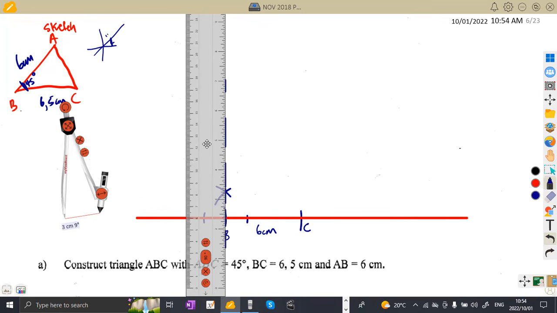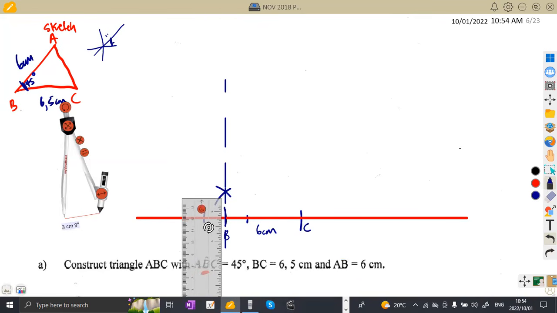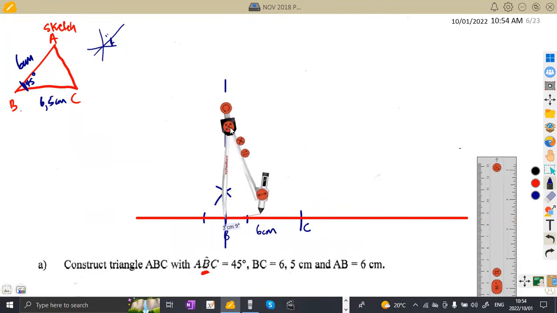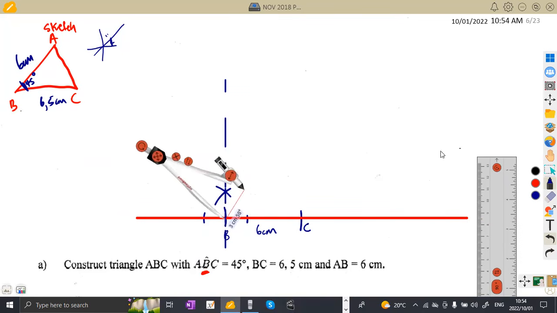Then the exact angle that I need now, I have to bisect this angle. So this one, okay, let's bisect. Remember how you bisect your angle, guys. From that angle that you have, just mark 2 points on the lines. Okay, and make sure that you mark on visible points. So I'm just going to mark an arc here.